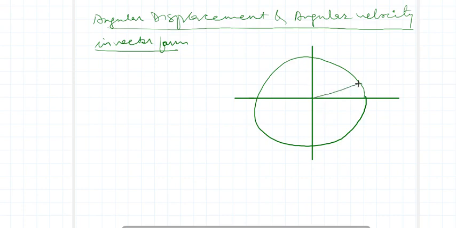So it is r vector and it is point P, and after some time it will be at this point Q, and let us call it r prime, and this is the displacement vector dr vector, right?